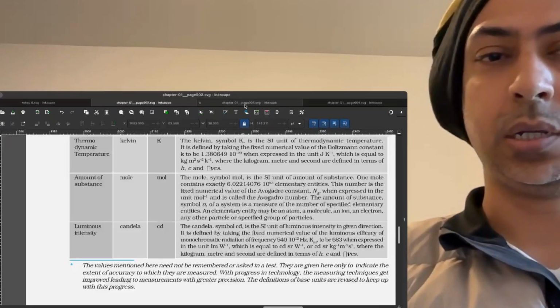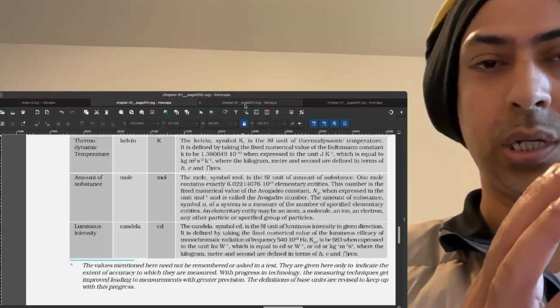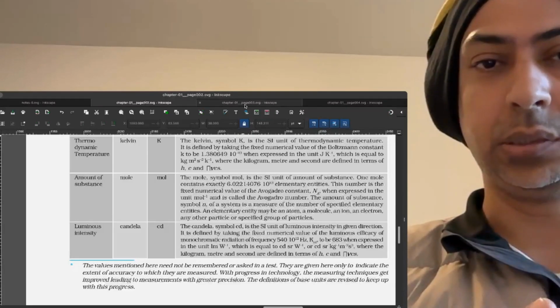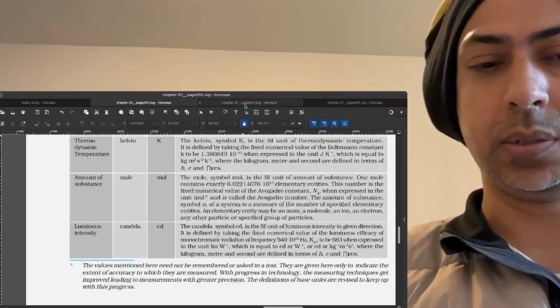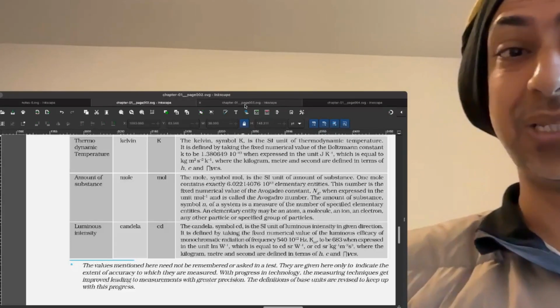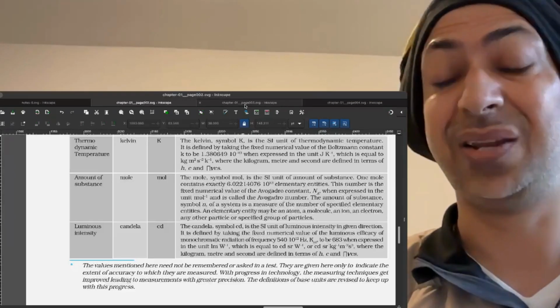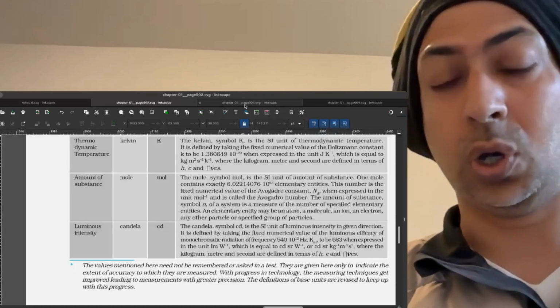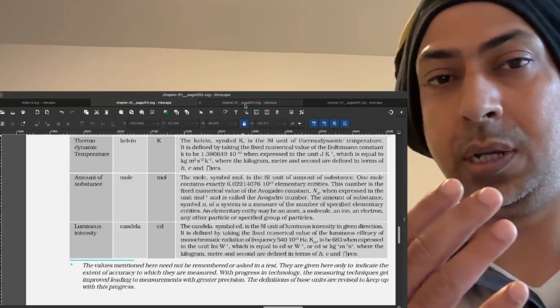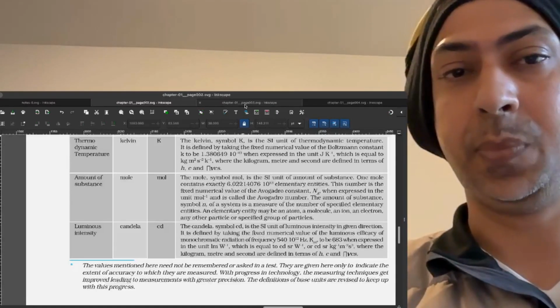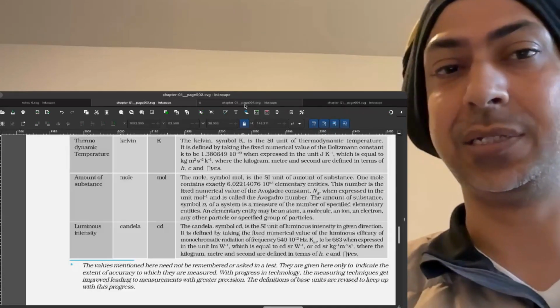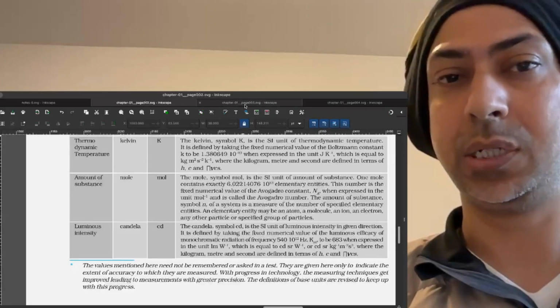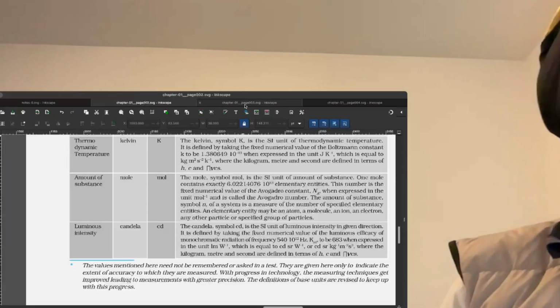Together, all the certain digits plus one uncertain digit, this whole set of digits is called significant digits or significant figures.